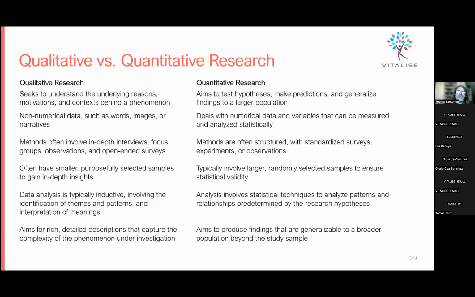And qualitative research is typically done in seeking to understand the underlying reasons or the motivations and the whole phenomenon that you are investigating. It's typically non-numerical data, where you have interview data or images or narratives, or that kind of things. You can also do observations or open-ended surveys. And you have relatively small samples.